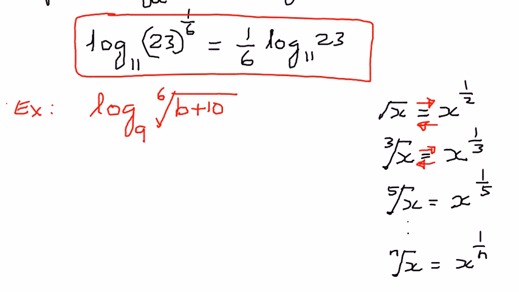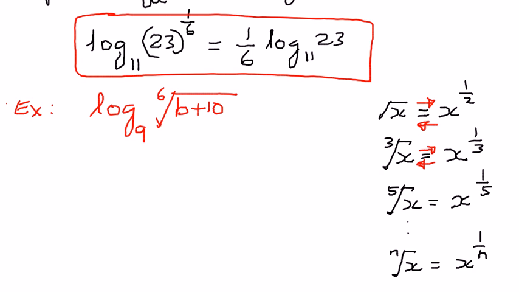So we can always express one type in terms of the other type. If we have a radical term, we can always express it as an exponential term like that. So therefore, in here, what we have is this. We have sixth root of b plus 10.